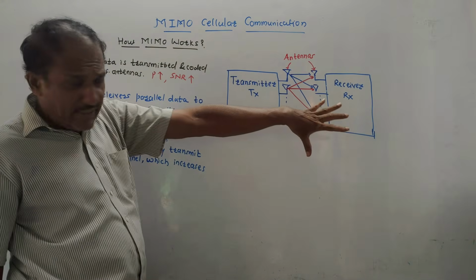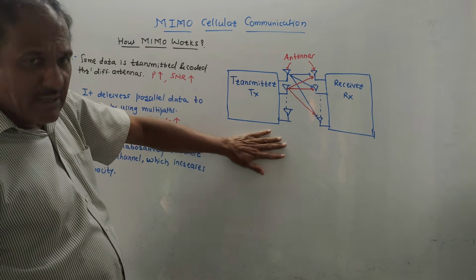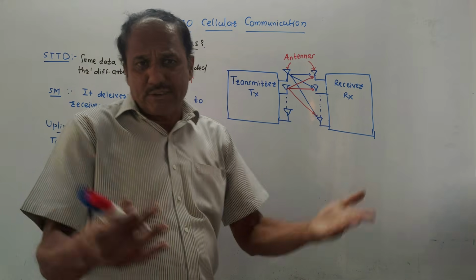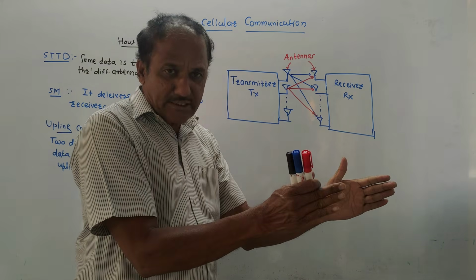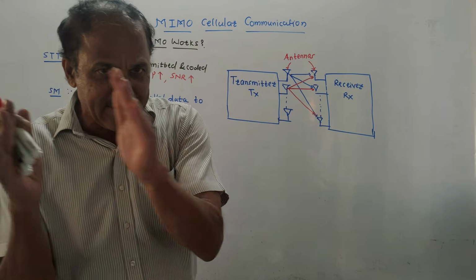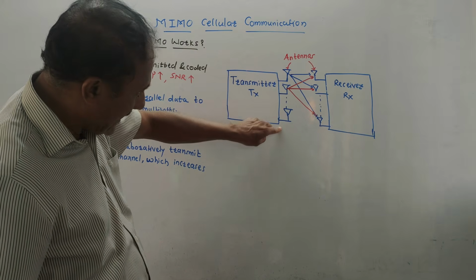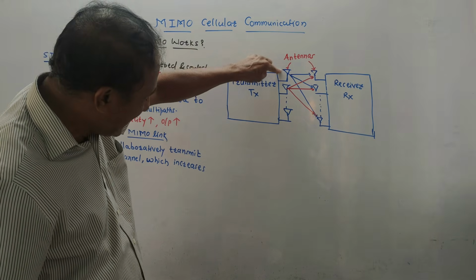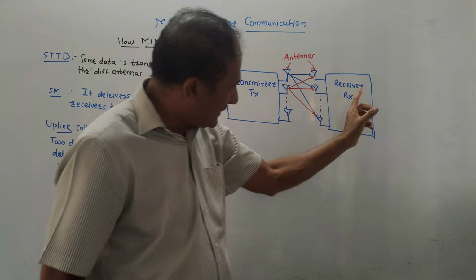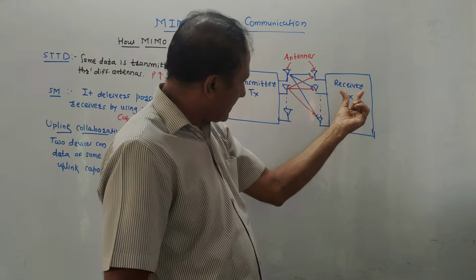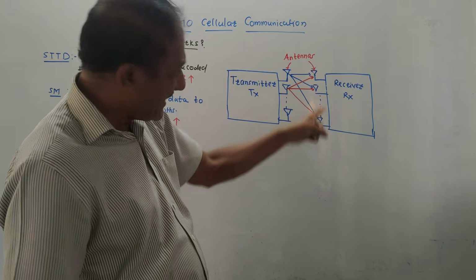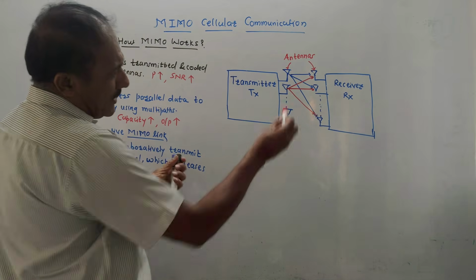This is the simplified diagram of the MIMO system, made more simple: multiple transmitting antennas are used and multiple receiving antennas are used. This is the transmitter, which contains n transmitting antennas, whereas this is the block for the receiving side, and n receiving antennas are used.